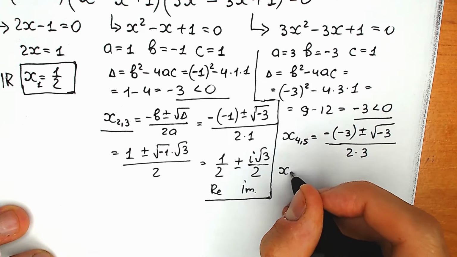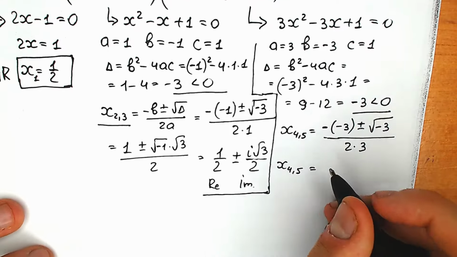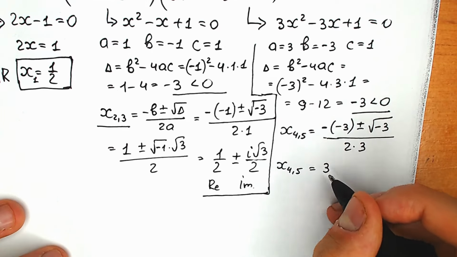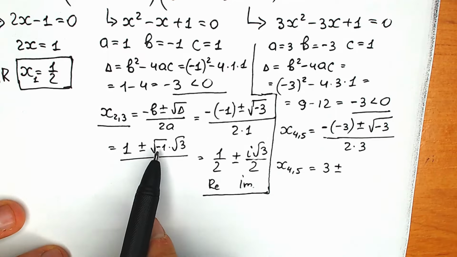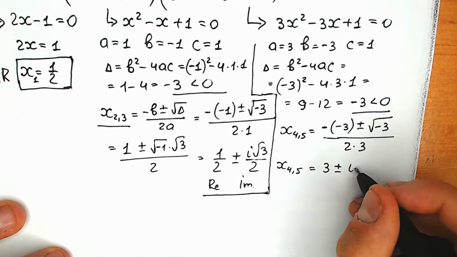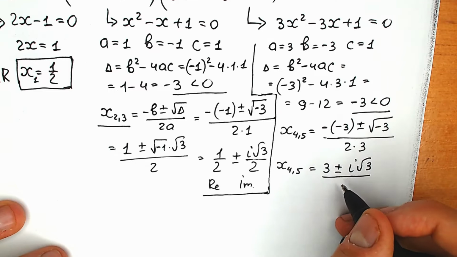So x fourth and fifth equal to, we have 3 plus minus, the same logic as we did before, i square root of 3, so i square root of 3 over 6.